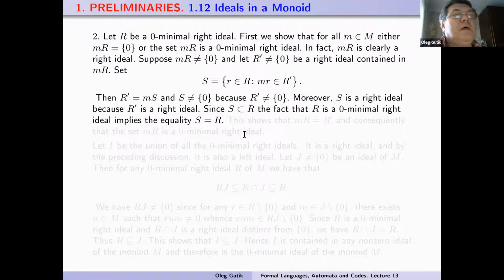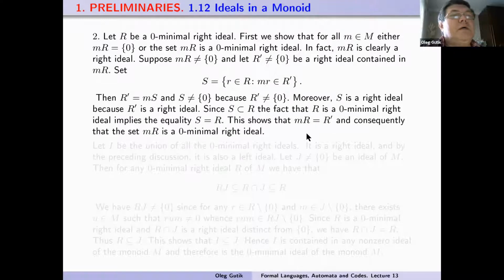Since S capital is a subset of R capital, the fact that R capital is a zero minimal right ideal implies the equality S capital is equal to R capital. This shows that MR capital is equal to R capital prime, and consequently that the set MR capital is a zero minimal right ideal.